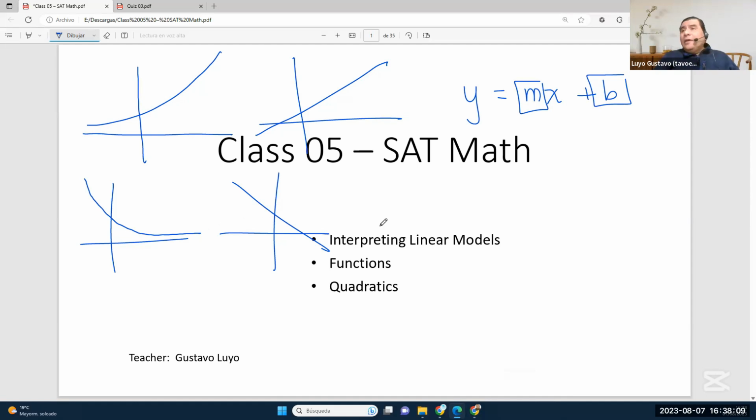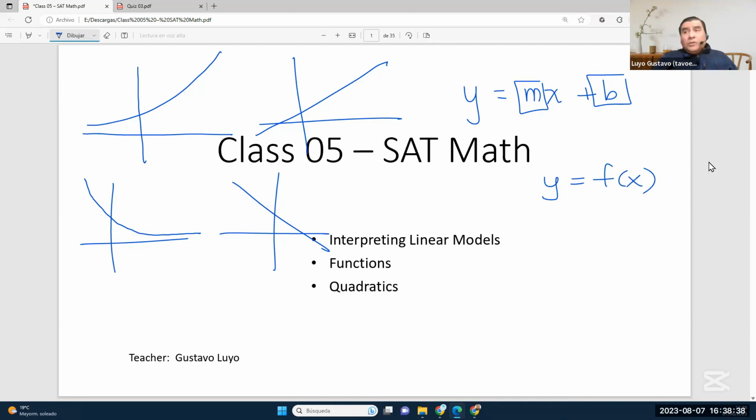So this is what we've discussed previously. We will extend the concept of linear equations to other curves or equations that can be represented graphically in the coordinate plane, curves that can be described as some function of a variable.